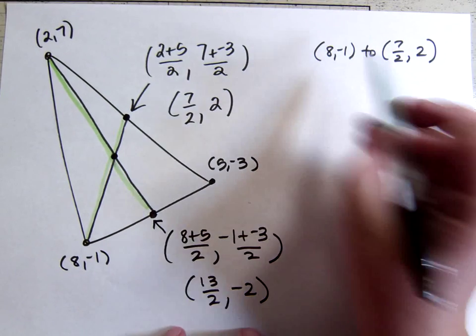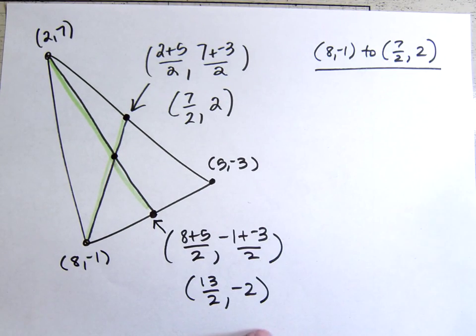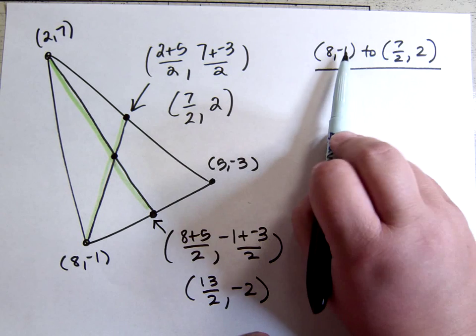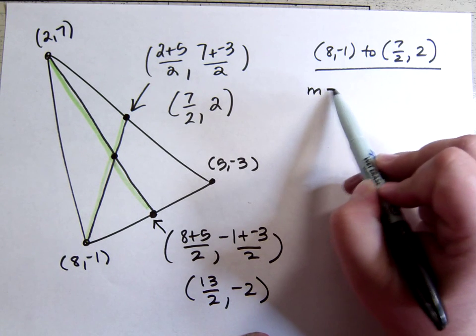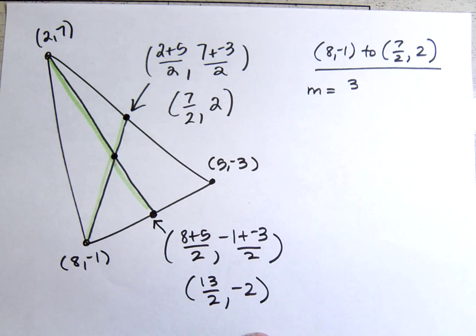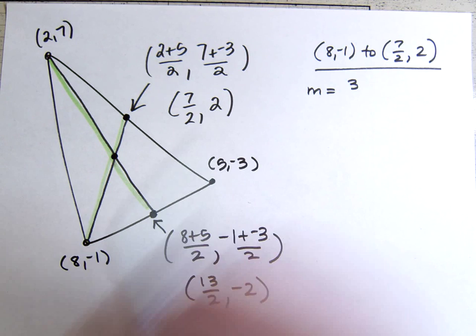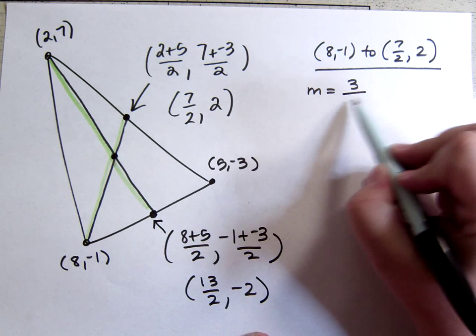Okay, that is going to have a slope of 2 minus a negative 1 is 3, over 7 halves, which is 3.5, minus 8, which is negative 4.5.